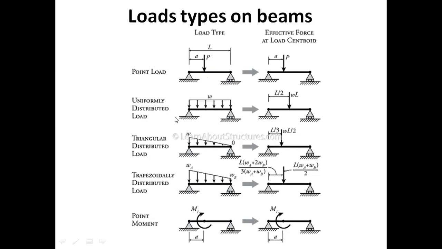Uniformly distributed load. Here the load is not acting at one point. It is acting over the whole length of the beam, and the intensity is given as W. W is the load per unit length of the beam.